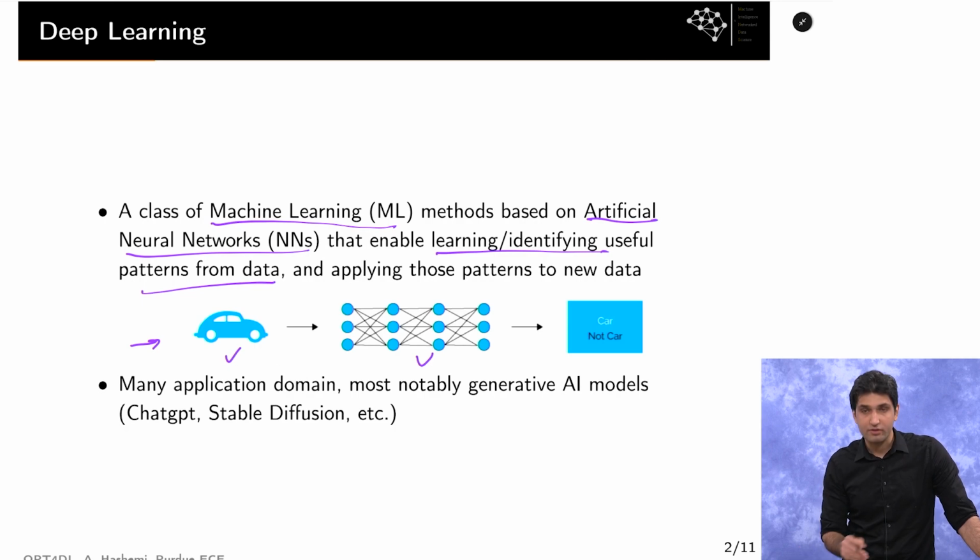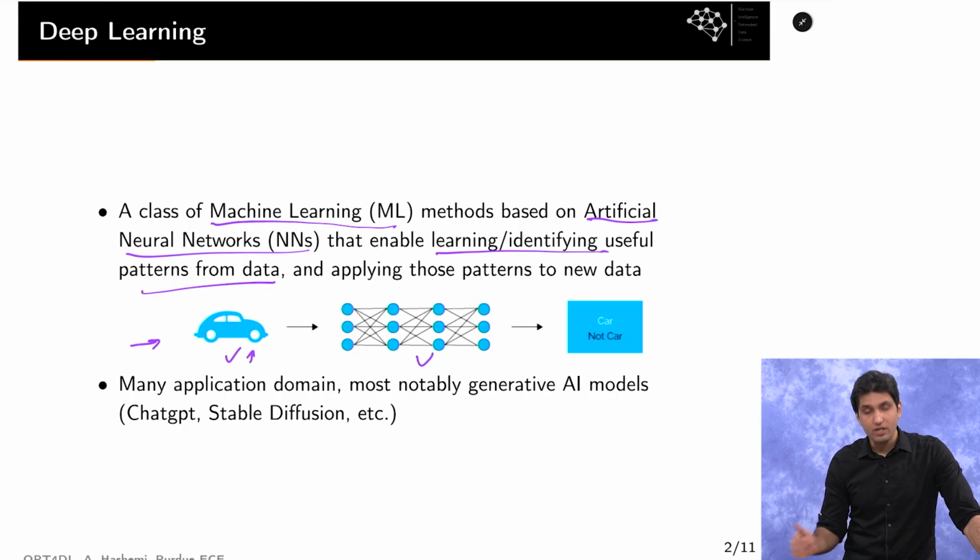We're going to design training algorithms and feed these training data to the model to tune the parameters of the model, okay? And once the training is done, we have learned potentially some useful patterns such that our model is now able to distinguish between images that are car versus images that are not car.